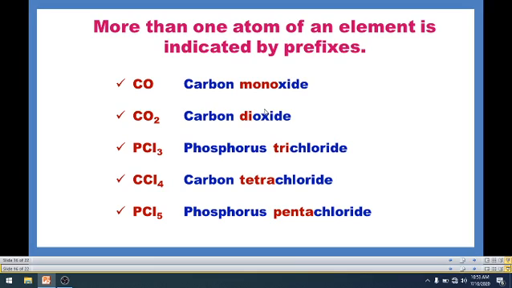So if more than one atom is present, we use the prefixes. 1 means mono, 2 means di, 3 means tri, 4 means tetra, 5 means penta. CO, carbon monoxide; CO2, carbon dioxide; PCl3, phosphorus trichloride; CCl4, carbon tetrachloride; PCl5, phosphorus pentachloride. So likewise we use the prefixes.